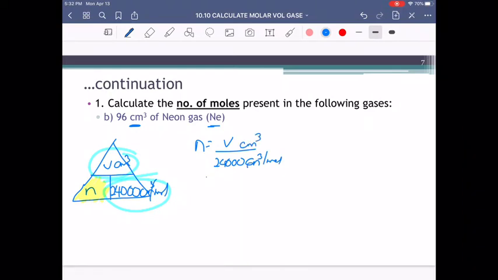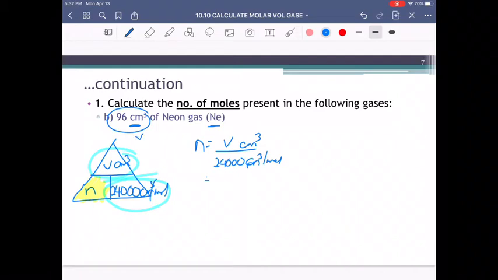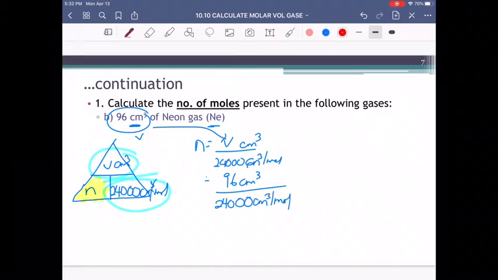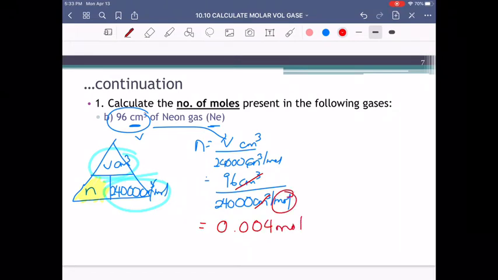Substitute into the formula: 96 cm³ divided by 24,000 cm³ per mole. Let's cancel the units, the cm³. Then you calculate the values using your calculator, and you should get 0.004 mole. Mole is left here.